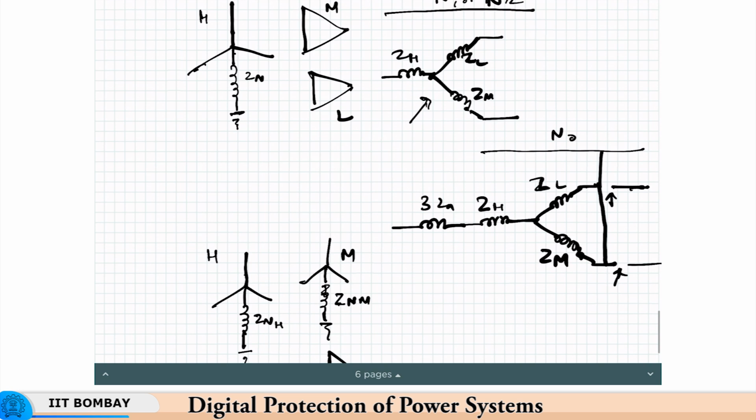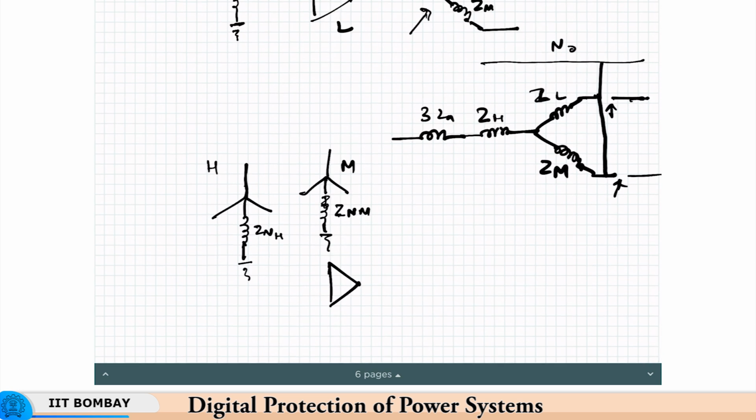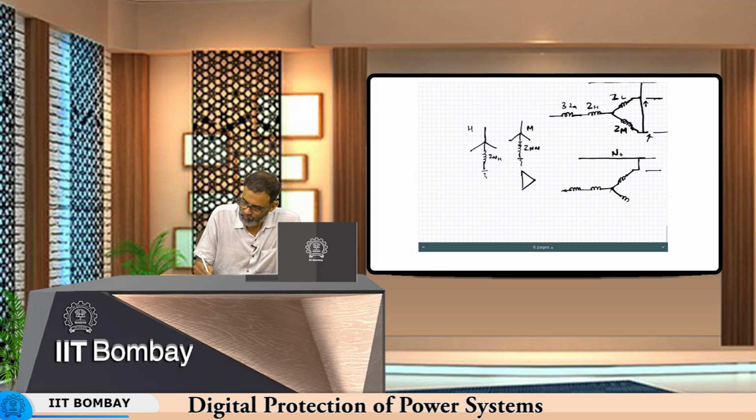I am not drawing that again in the interest of time, but the zero sequence network will be like this: 3ZNH, ZH, ZM, 3ZNM, ZL, and this point is open.